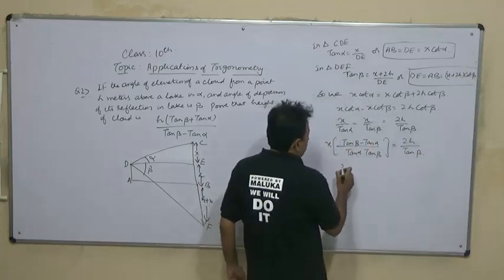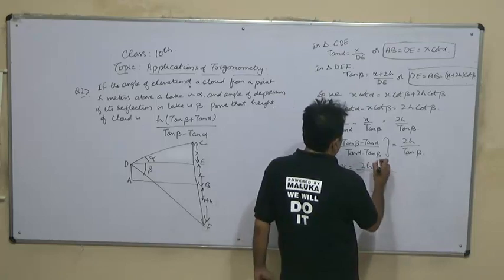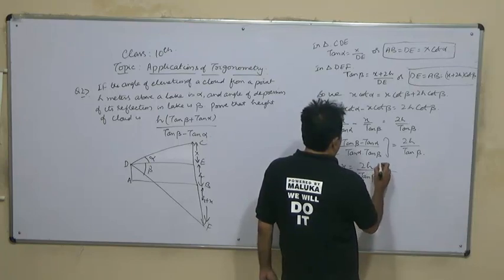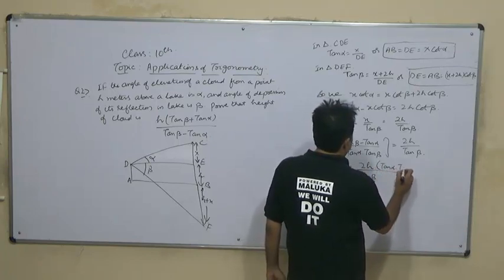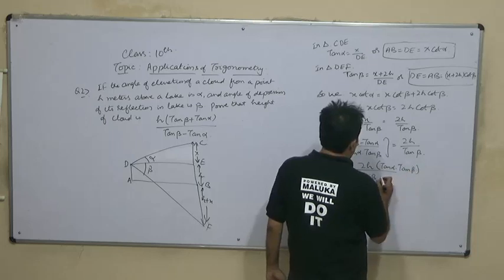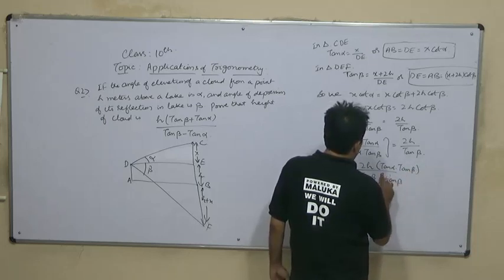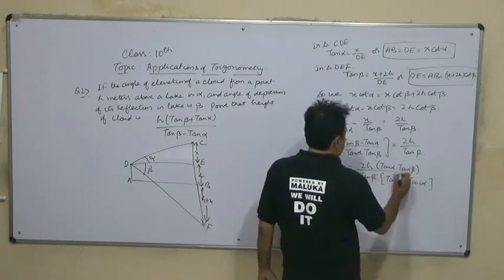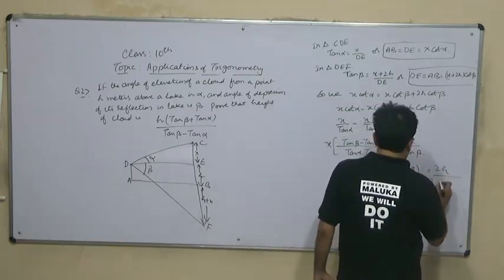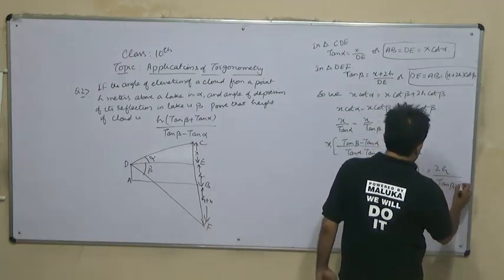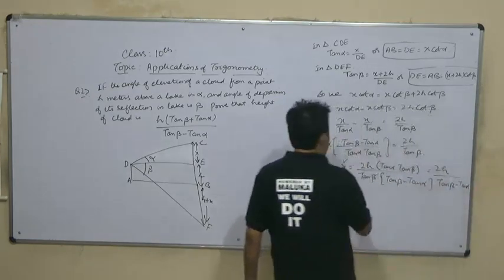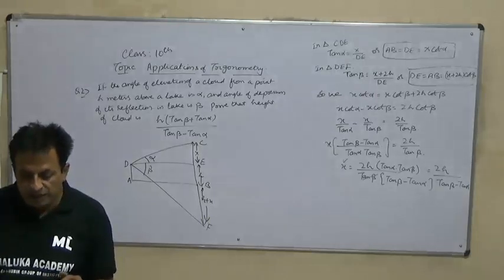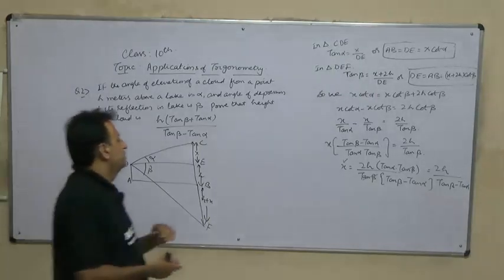Now x will be equal to 2h tangent alpha tangent beta upon tangent beta minus tangent alpha. So tangent beta goes, so this is equal to 2h tangent alpha upon tangent beta minus tangent alpha. This is the value of x.